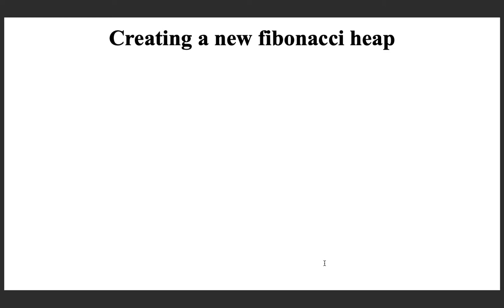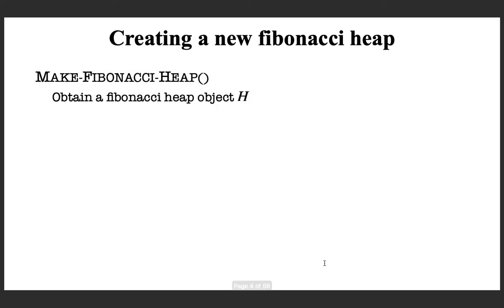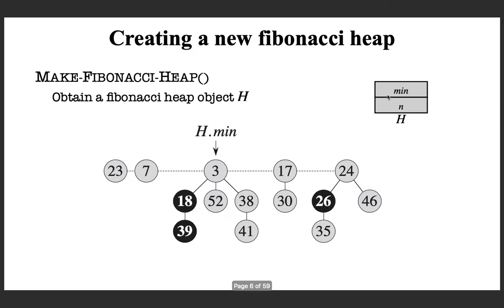The first operation that we are going to discuss is an operation to create a new Fibonacci heap. This is the name of that operation, and what it wants to do first is just obtain a Fibonacci heap object, say H. And if you recall, a Fibonacci heap like this contains a pointer to the node whose key value is minimum.